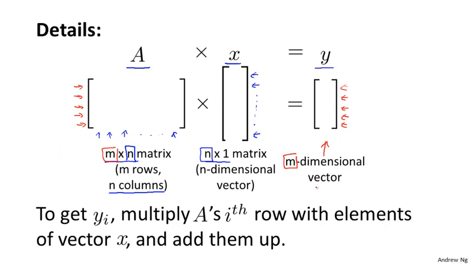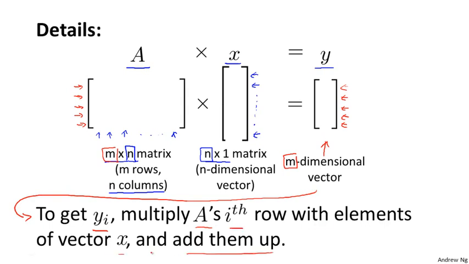So how do you actually compute this vector y? Well, to get y_i, multiply A's ith row with the elements of the vector x and add them up. So here's what I mean. In order to get the first element of y, we're going to take the first row of the matrix A and multiply them one at a time with the elements of this vector x.